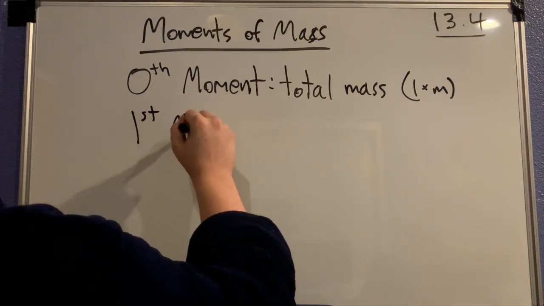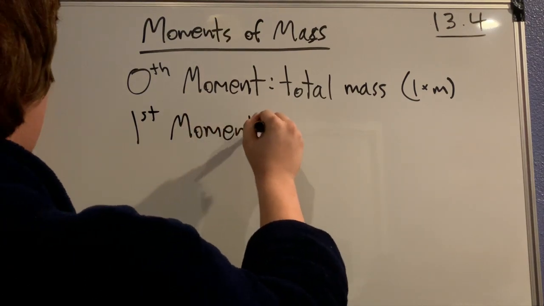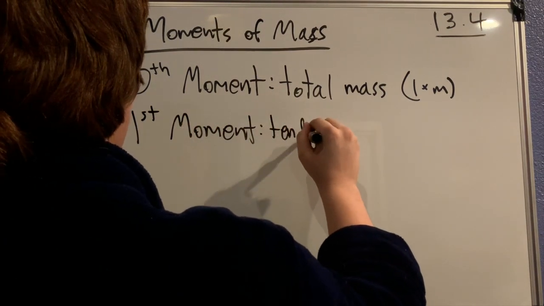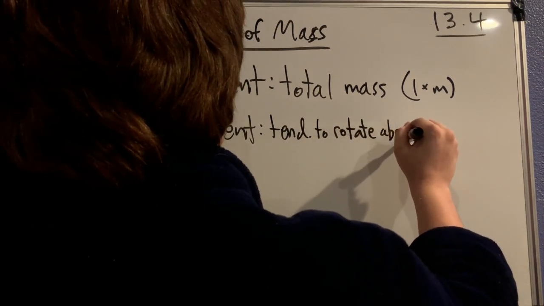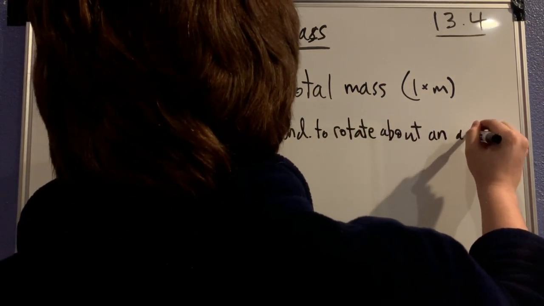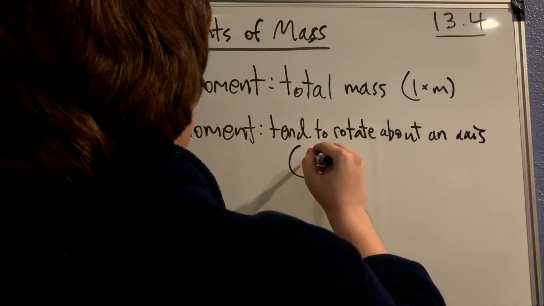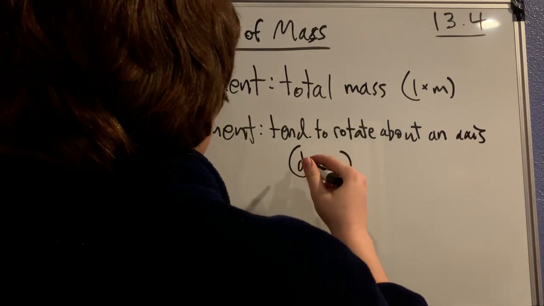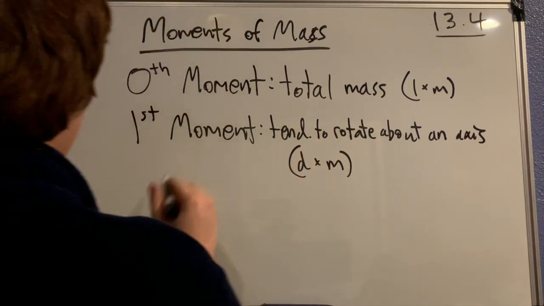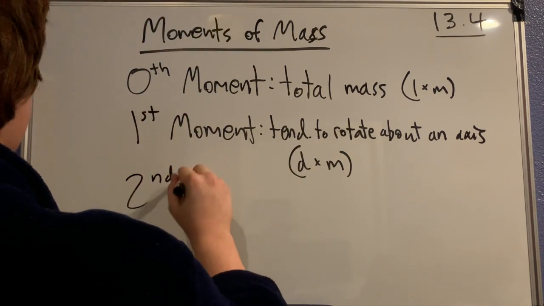The first moment. This is the tendency to rotate about an axis. And that is represented by d times m, where d is the distance to the center of mass. Now there's one more called the second moment.